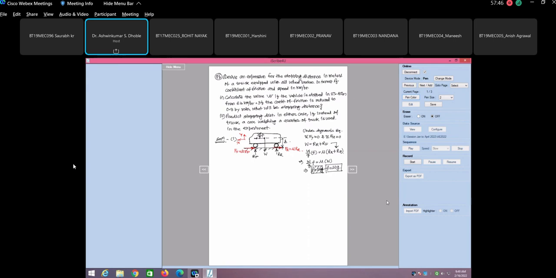Now stopping distance. So sir, stopping distance कैसा है sir? Velocity V is given as 64, no? Or velocity V, you can say that this is in kilometer per hour.